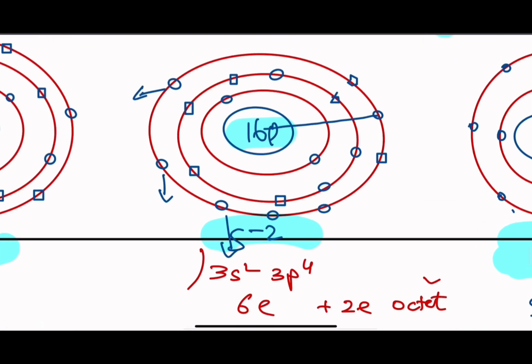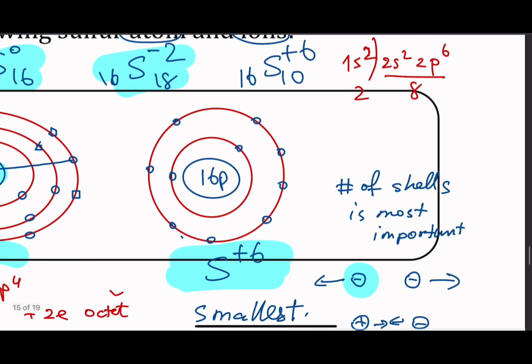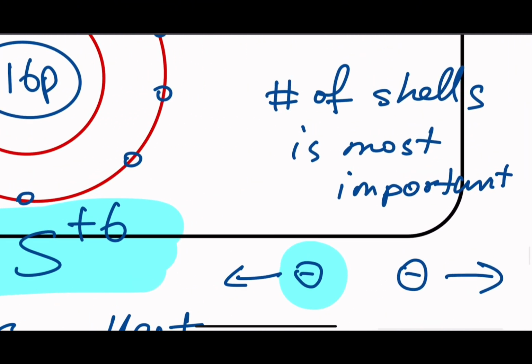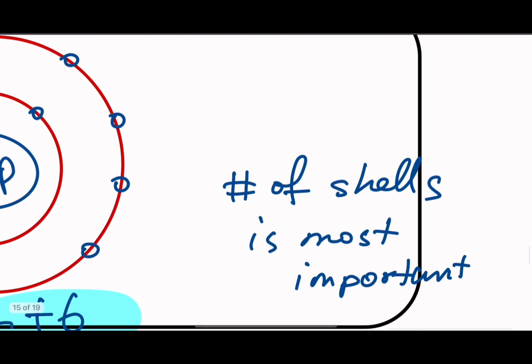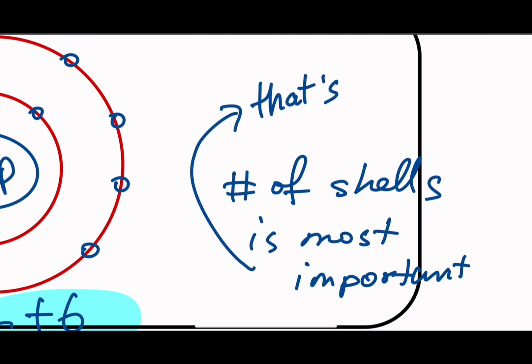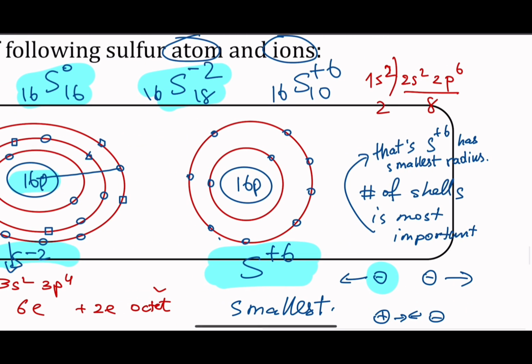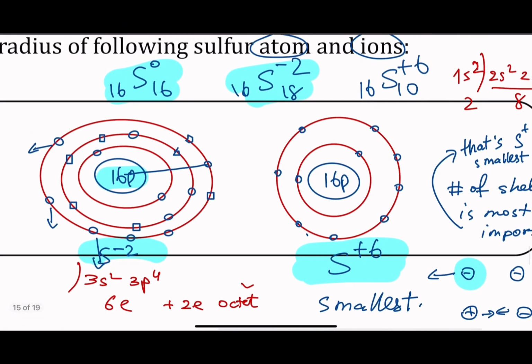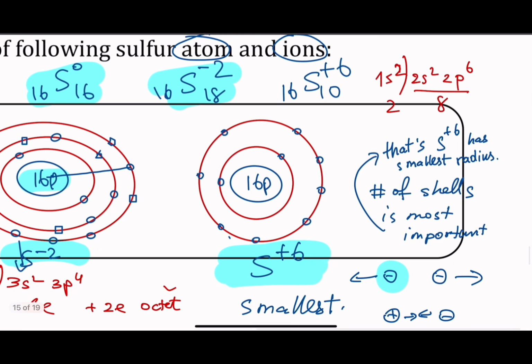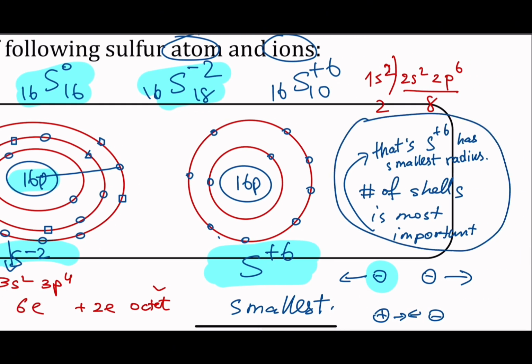Okay, so because now we're gonna write it in terms of words, number of shells is most important, and that's why S plus 6 has the smallest radius, and this radius is ionic, okay? And then we have two of them, S0 and S negative 2. So this was the first reason for that.